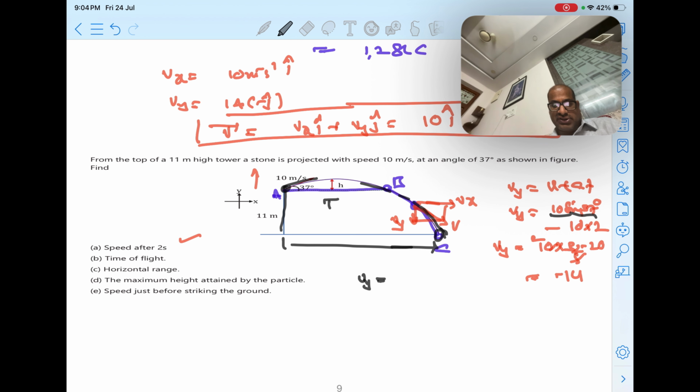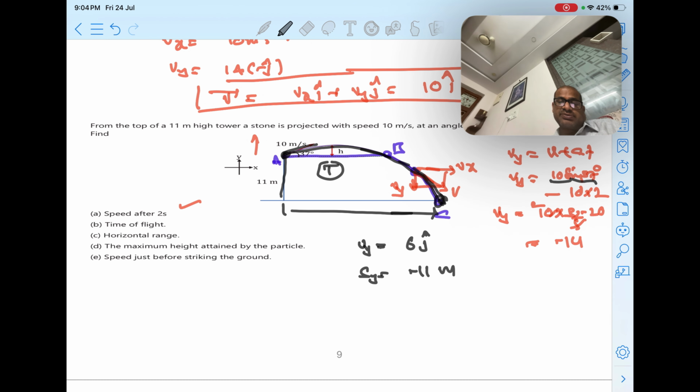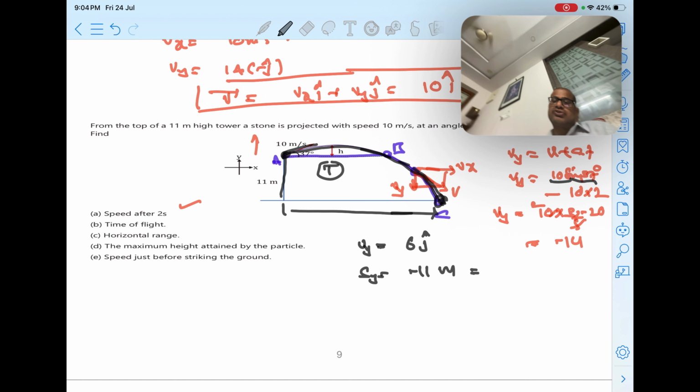That value, we have just seen, is 10 into sin 37, that is 6j. And the vertical displacement is minus 11 meters, in the same amount of time. Now minus 11 meters is equal to ut minus half gt square.